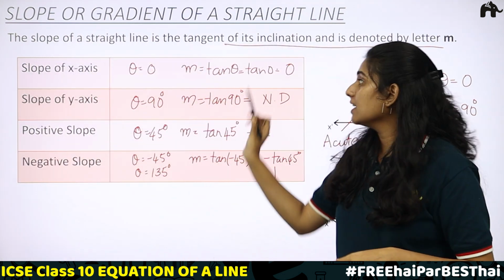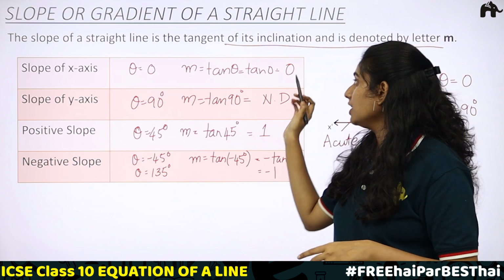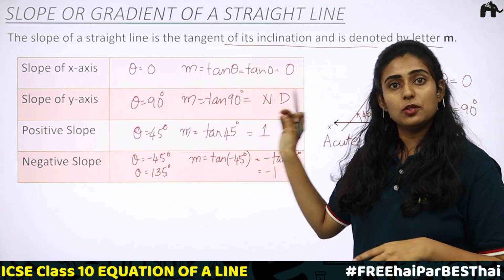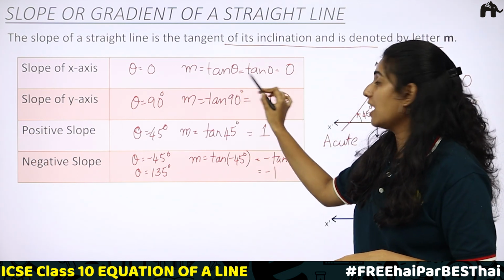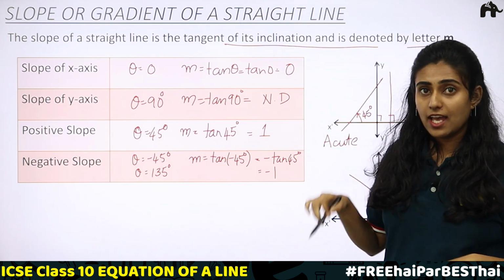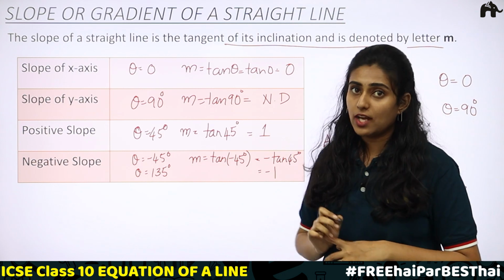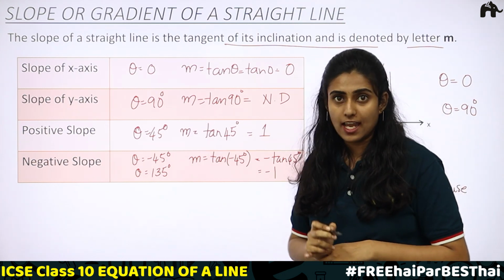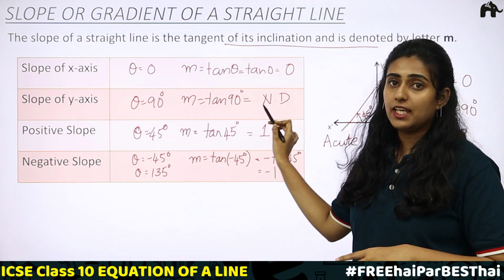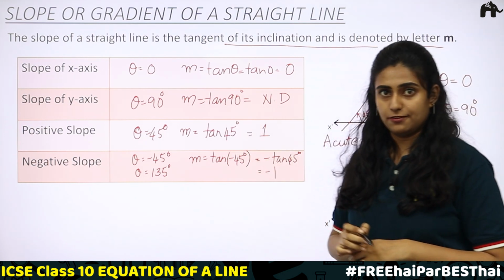For the x-axis, angle theta will be equal to 0. Therefore, slope will be equal to tan of the angle theta, tan of 0, and that is 0. Y-axis: every line parallel to the y-axis is perpendicular to the x-axis. Therefore, angle theta is 90 degrees. In that case, we will be getting slope as not defined.